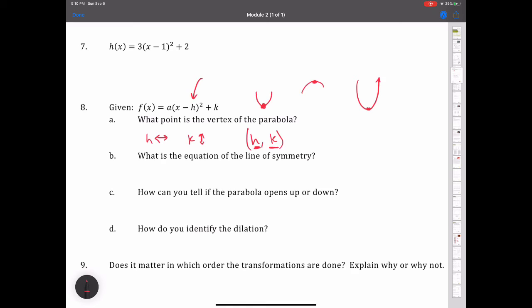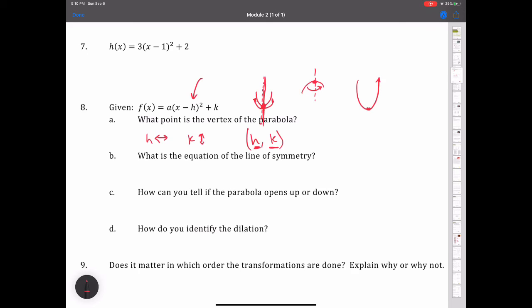Now, the line of symmetry is where we could draw a line to have this reflect about and onto itself. When I draw that vertical line, any point that's over here could reflect and land right back on the function over there. Same with right here. So the line of symmetry is directly in the middle.